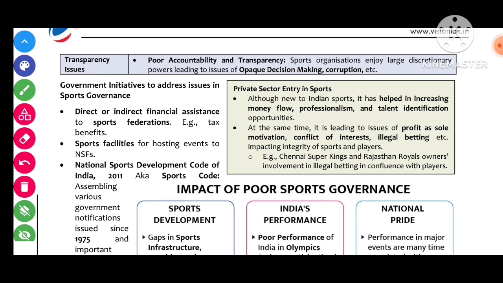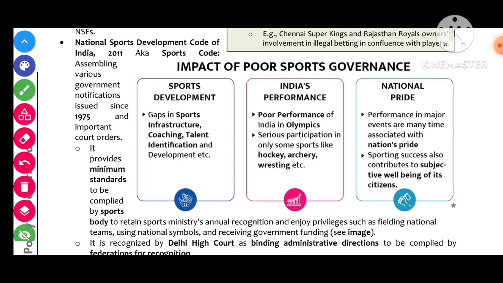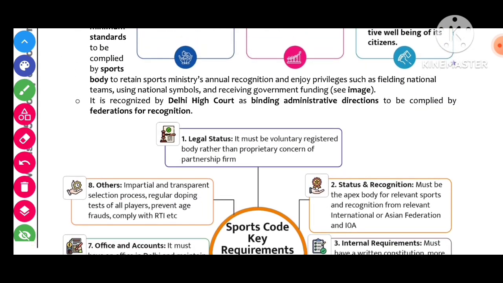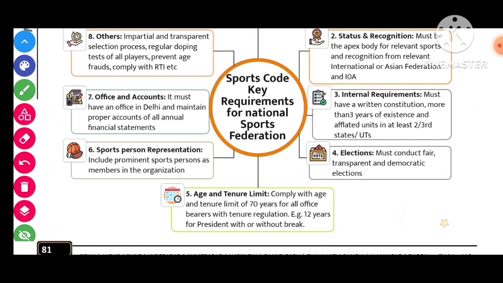Okay, and initiatives of the government, direct or indirect, financial assistance to sports federations such as tax benefits and sports facilities. National Sports Development Code of India 2011, also known as the Sports Code.